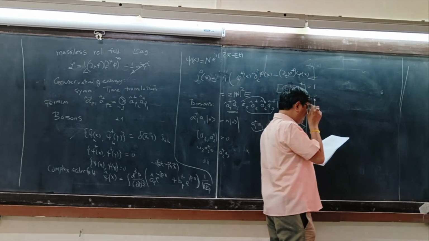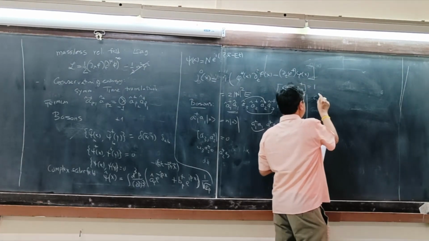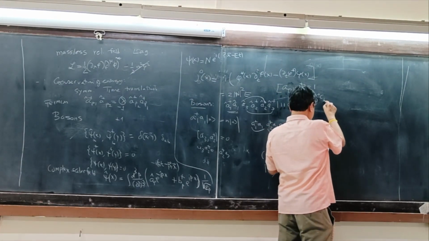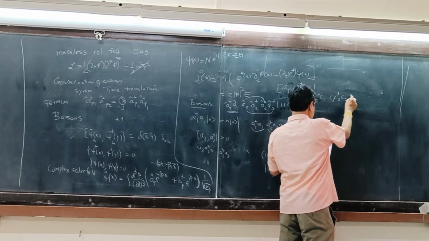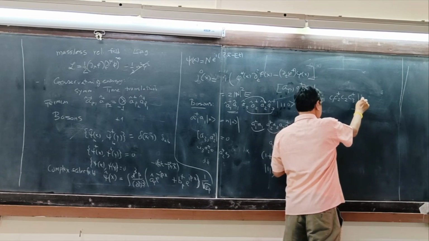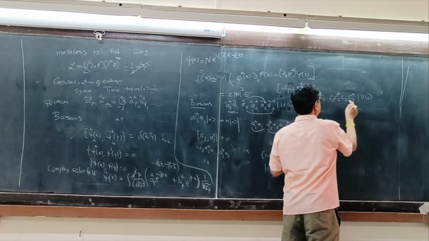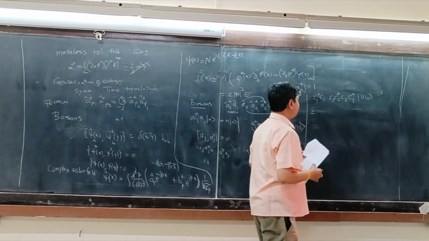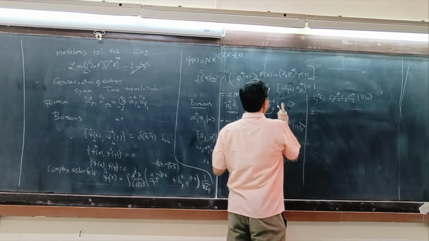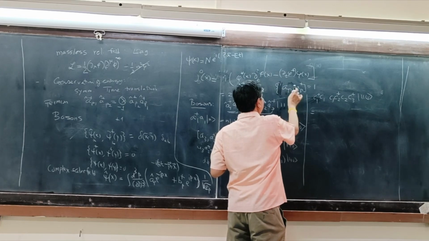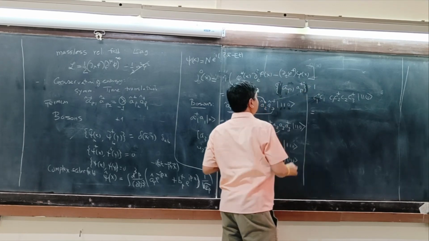So these are fermions now. Okay. So fermion is a bit tricky. So C1 dagger, C1, C3, C2 dagger, C2, C3 dagger. Now they're fermions, so we replace the commutator by the anti-commutator.